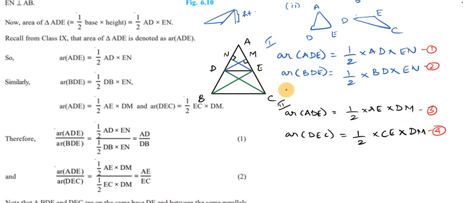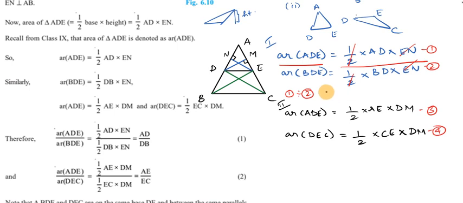So the next step, I am dividing 1 by 2 and I am dividing 3 by 4. So if I divide 1 by 2, then you will have area of ADE by area of BDE. Where you will cancel EN, half and half will get cancelled.